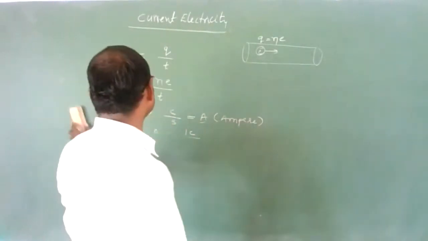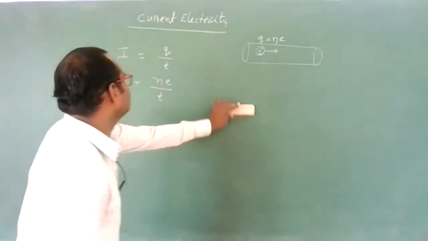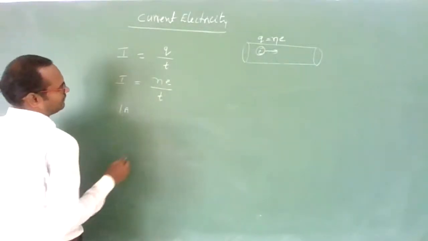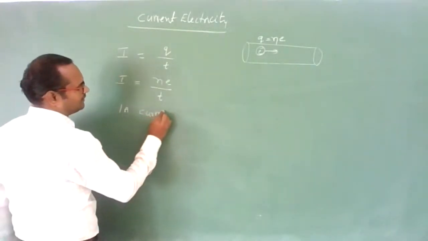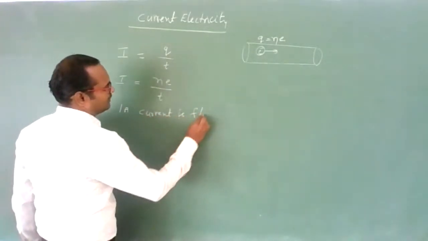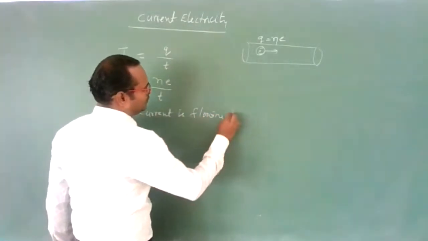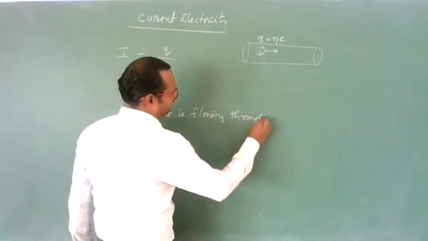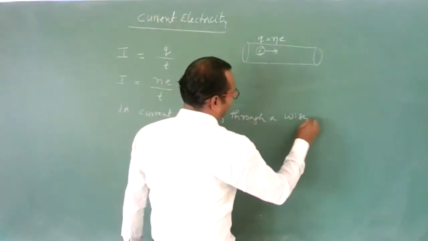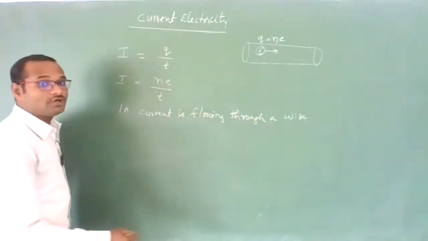Students, let us suppose 1 ampere current is flowing through a wire. Then what is the charge flowing?